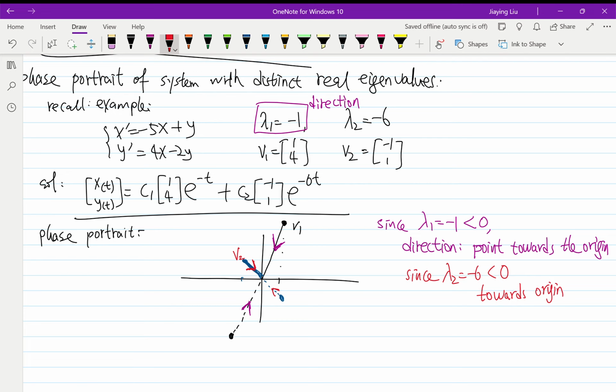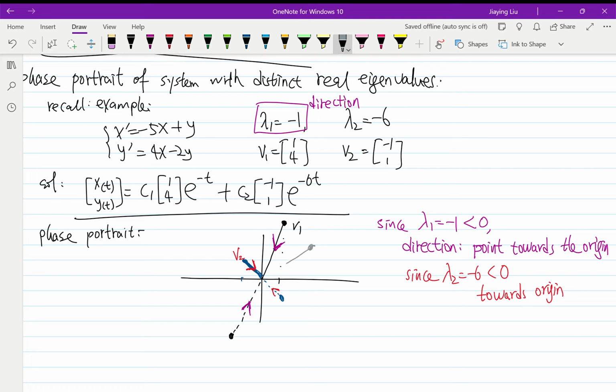For example, if we have a solution starting here, a little bit below the second vector V2, because it's so close to V2, the solution is going to follow that vector, move along V2, and then go towards the origin like the vector does. If it's over here, it depends. It might move up, but if it moves up, it's going to follow V2, or if it moves down, it's going to follow this vector going towards the origin. So it really doesn't matter where the starting point is, it's always going to move towards the origin eventually.